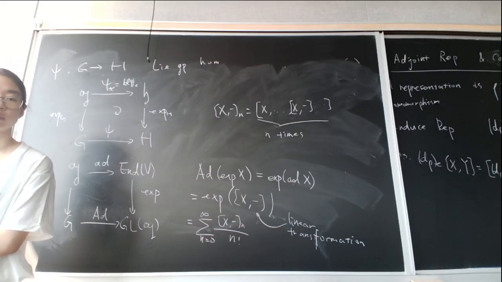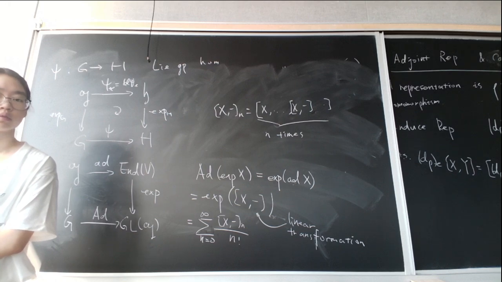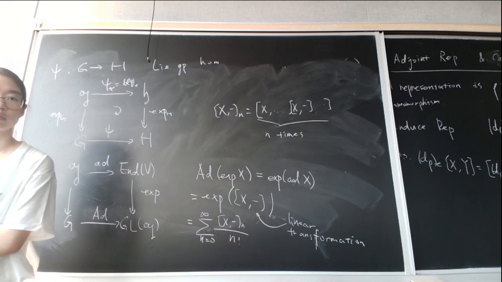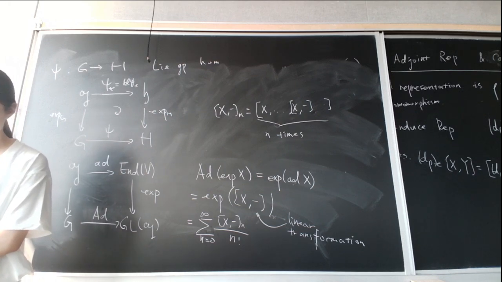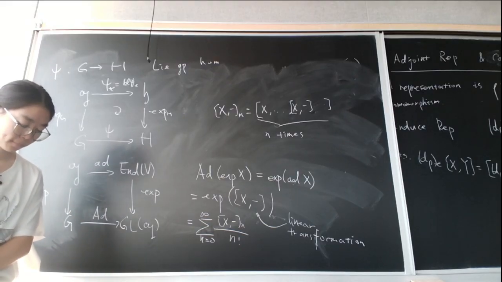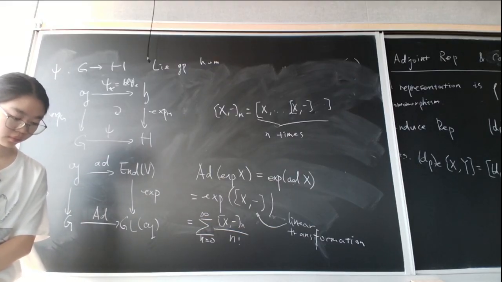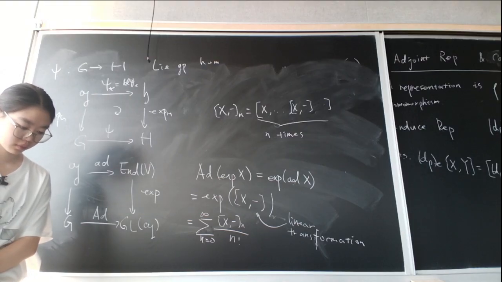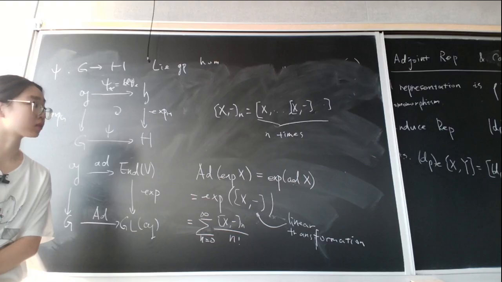And that's a linear transformation because we checked that. Yeah. And so if I pick a basis on my Lie algebra, I can think of this as some matrix. Yes, I can think of that as a matrix.